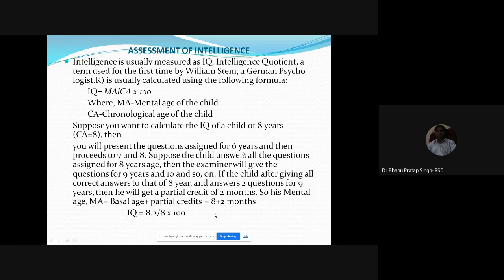If you are taking a 6-year-old child and you are giving the questions which are assigned for the 6-year age, then MA and CA will be 6. If we further proceed, if we are giving the questions of 7-year age and 8-year age, then mental age will exceed.